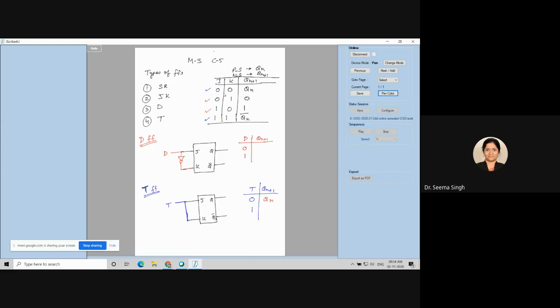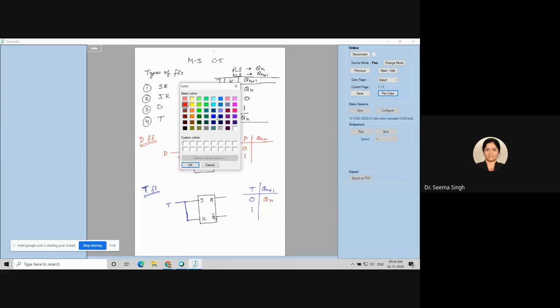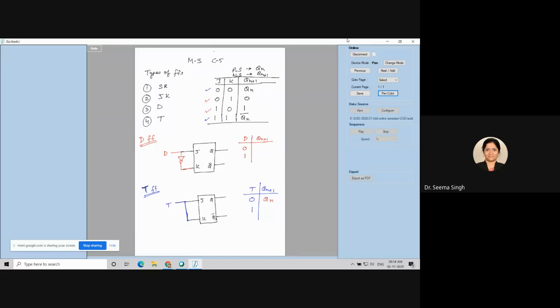Because I am copying the first row to T flip-flop. And the last row is 1, 1, which is Qn bar. So first and last row goes to T flip-flop.